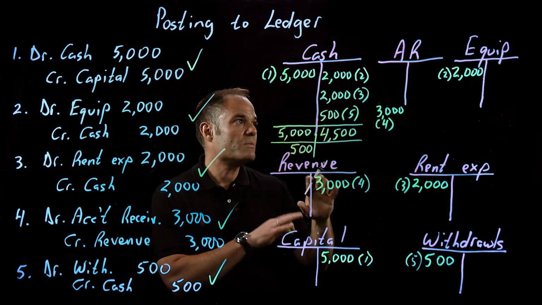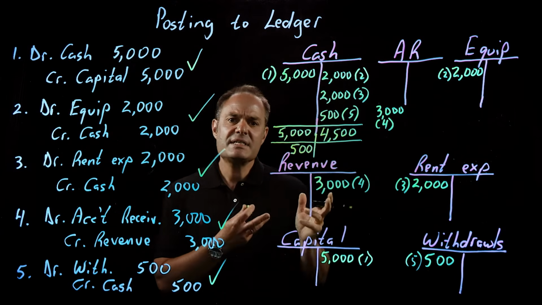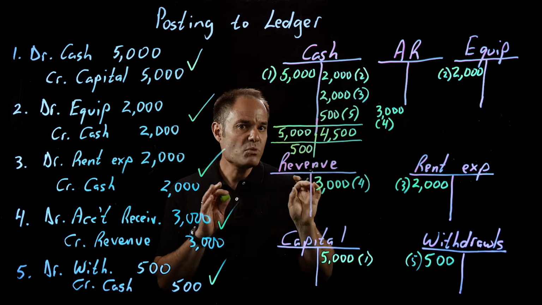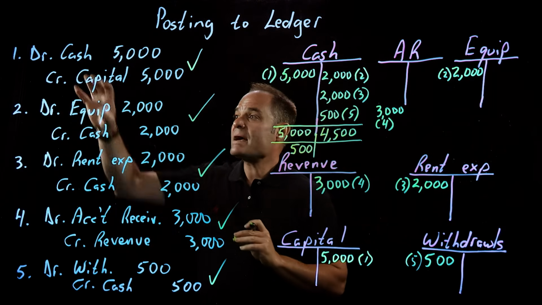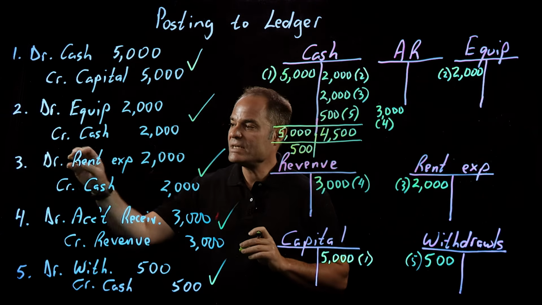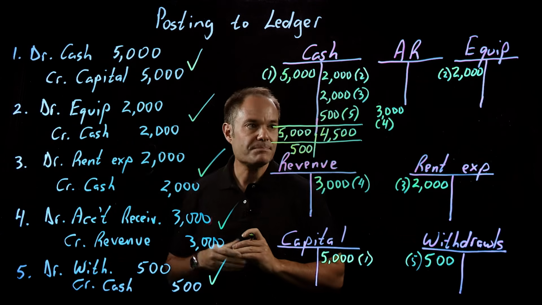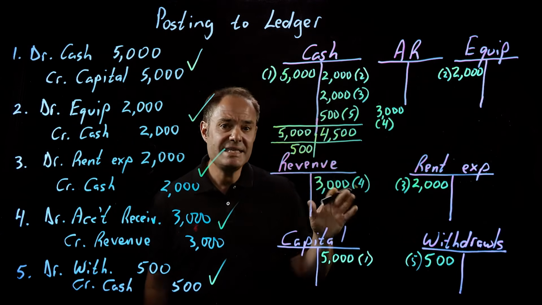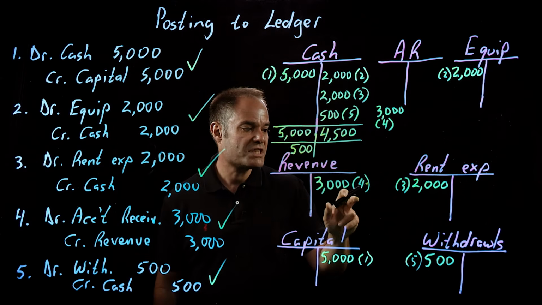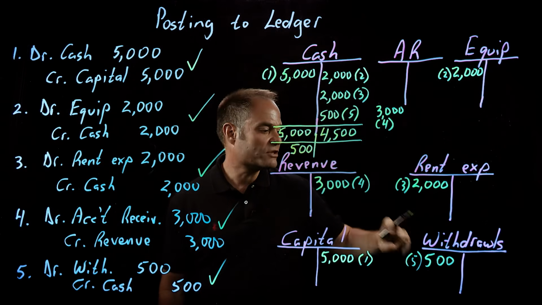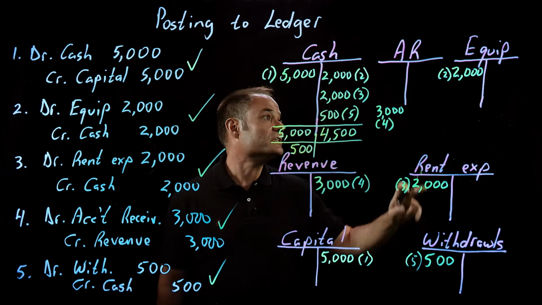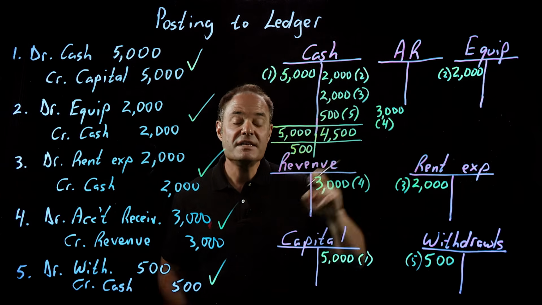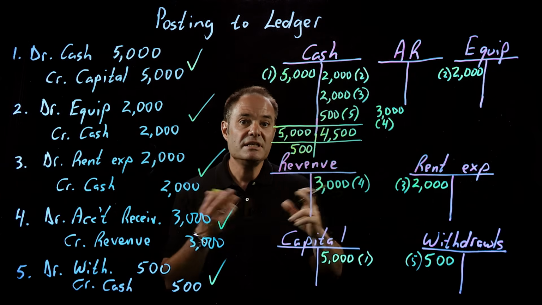So now that we've seen how we do ledgers, remember what we said, the accounting equation always has to be in balance. We knew it was in balance here because for each transaction we can see the debits are equal to the credits. Of course, over here we can't see that anymore. Here's a credit of $3,000, and unless you want to go looking through all your accounts to find the corresponding debit, which is over here, then you'll never know if you're still in balance or not.